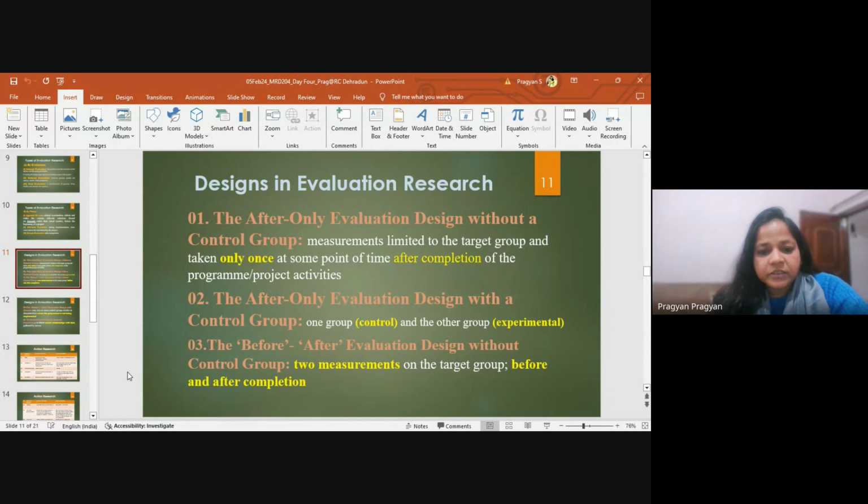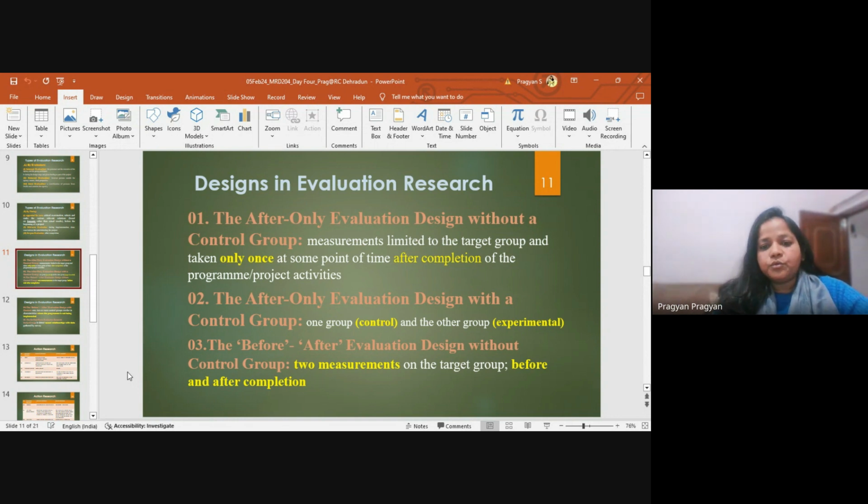The only difference is two measurements, the higher frequency, so that you can compare what the situation was before and what the situation is after that particular factor or indicator that you have introduced in that process.